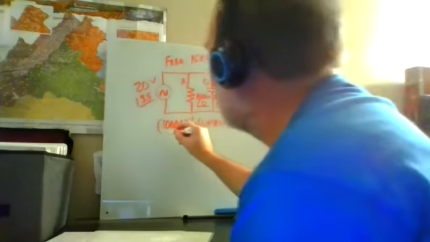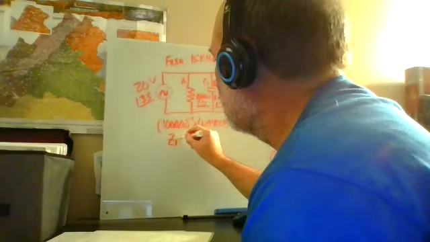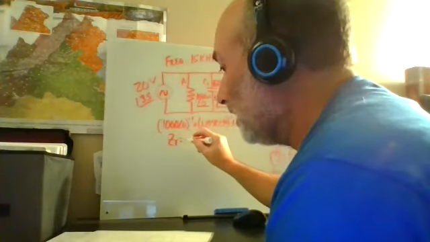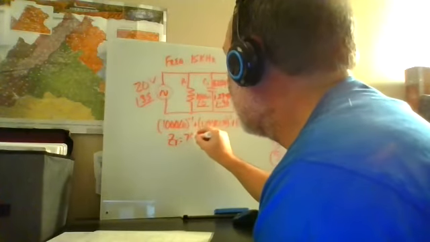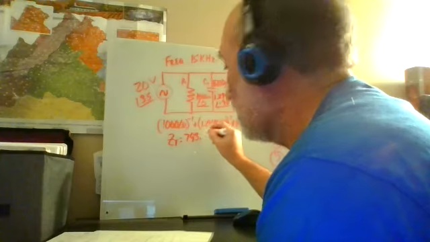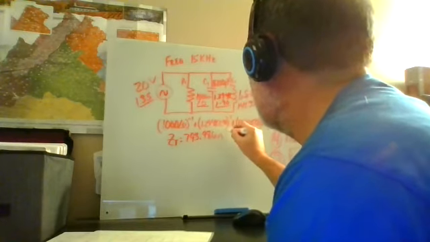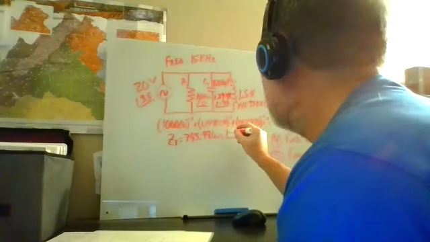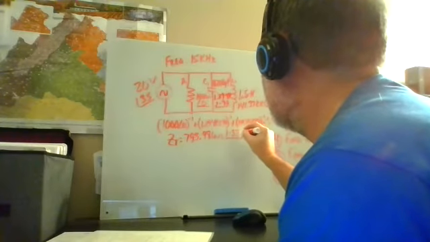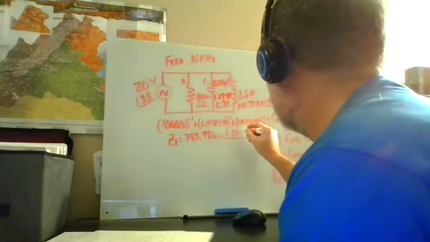So my Z total answer, you should get when you do that, 793.986 ohms at an angle of negative 37.442.